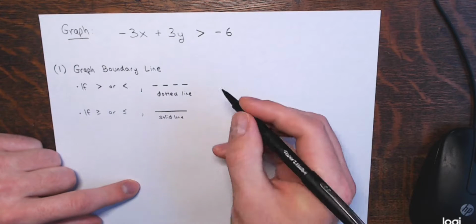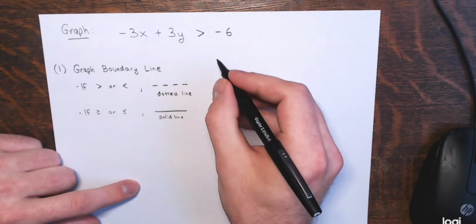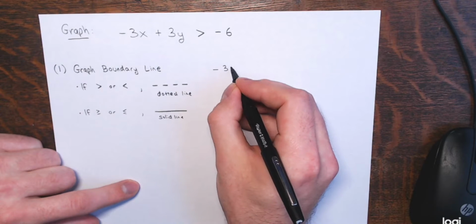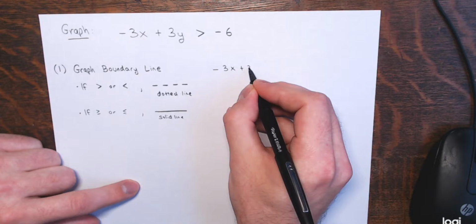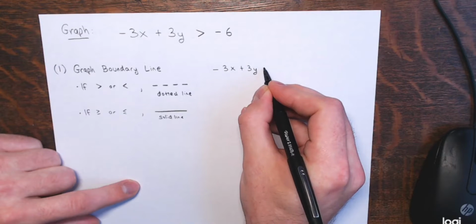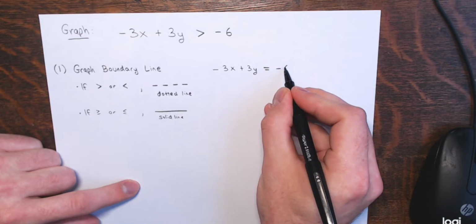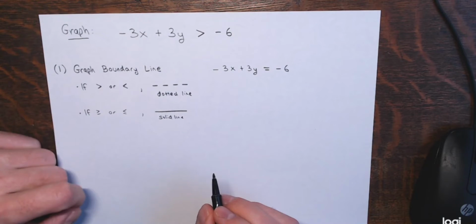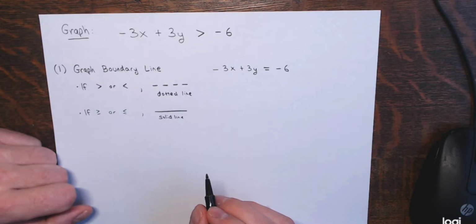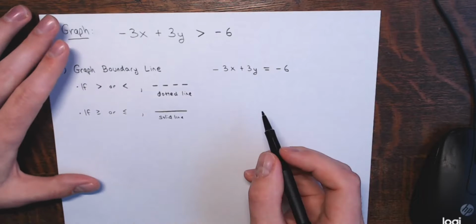Now the boundary line is simply write the inequality the way it is, but just make an equal instead of inequality symbol. All right, so this is called the boundary line. Negative 3x plus 3y equals negative 6. Now this is simple enough to graph.